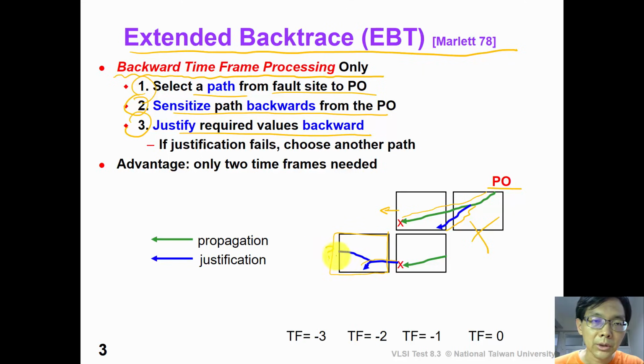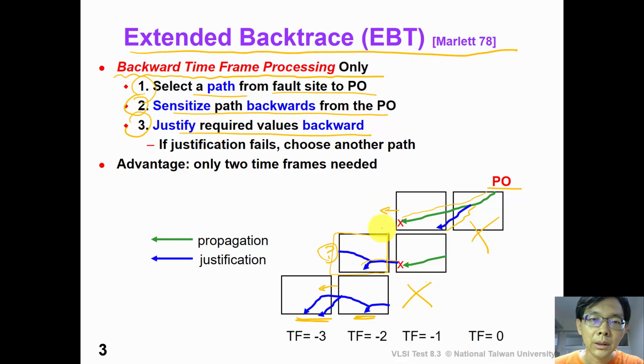So in case there are still unjustified values, we can move to the left for another time frame and remove one time frame. Finally, we can justify all the values from the primary input, so we generate our test. As you can see, all the time we keep 2 time frames in our memory. So this is very good for memory management.